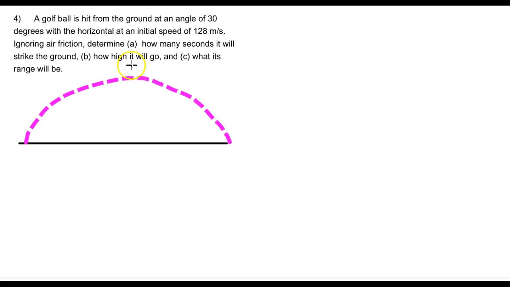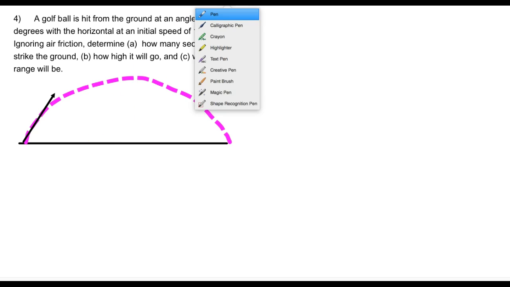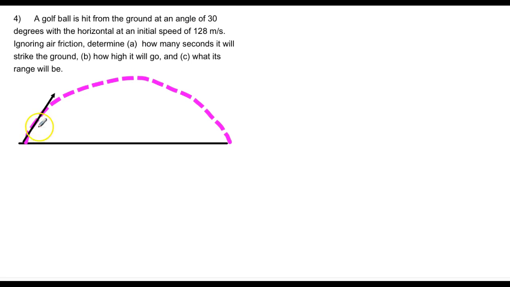And we'll put a vector on it right here. Now that's not quite 30 degrees, so this thing is not drawn to scale, but it's just so I have room to write in here if I want it. So this is going to be 30 degrees, and our initial velocity is 128 meters per second.